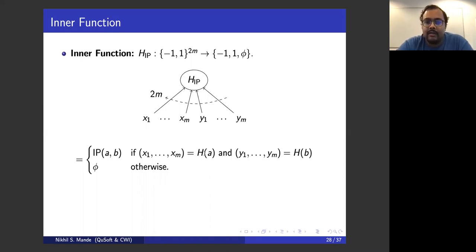If they are, then output the inner product of a comma b. So it's an inner product of 2 times log m many variables if both of these blocks are legitimate Hadamard code words. Else output a special symbol phi. So this is a partial function. In fact, it's heavily partial. I mean, most of the time it's going to output phi.